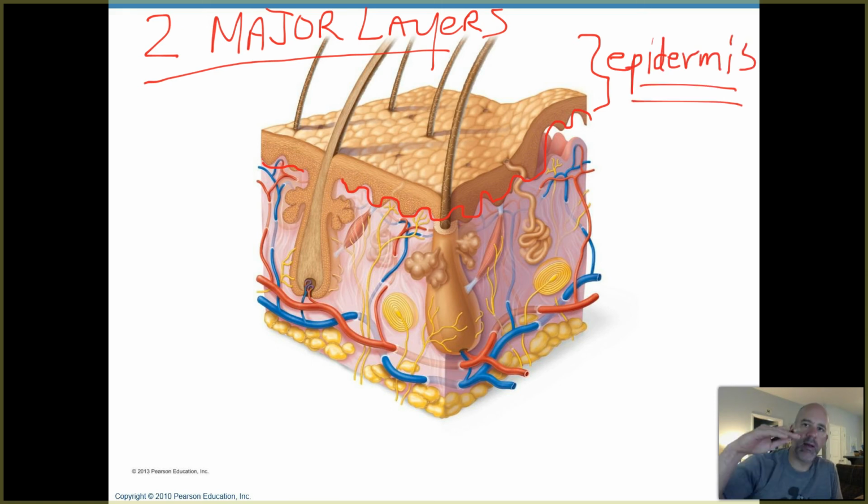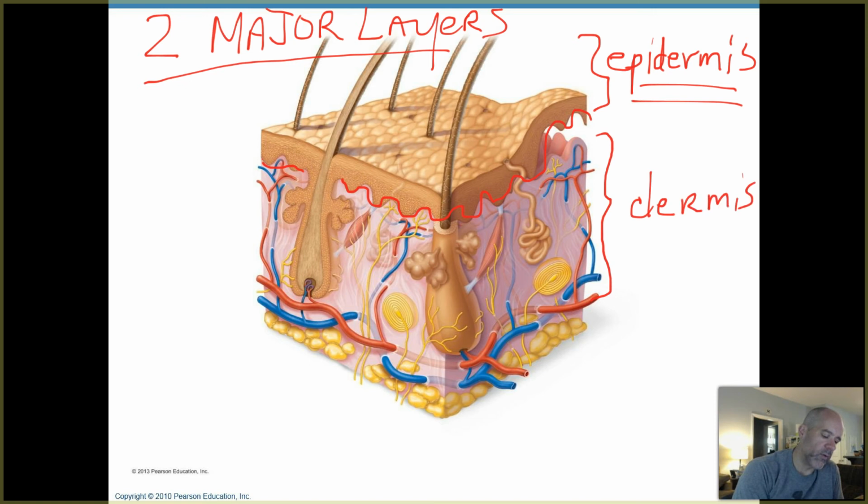That is the superficial major layer of the skin. And then all of this that you see here, where you see the pinkish area and all those various little structures in there, that's called the dermis. So that's your deeper major layer of the skin, in which you have lots of accessory structures, which your textbook also calls appendages of the skin.